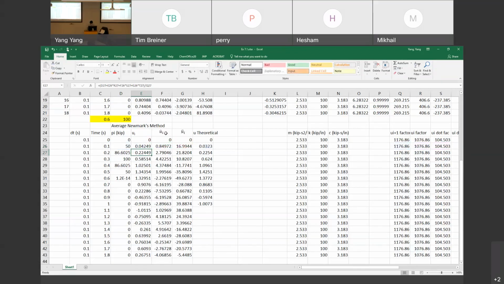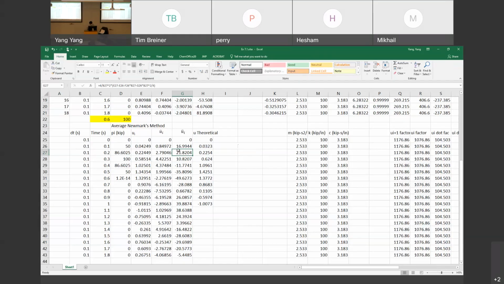We find the displacement u first, and then we can get the velocity, which is a function of the displacement at time i plus 1 as well as time i. Then we can also express the acceleration in terms of the displacement at the earlier time as well as the current time. So that we got all the numbers.